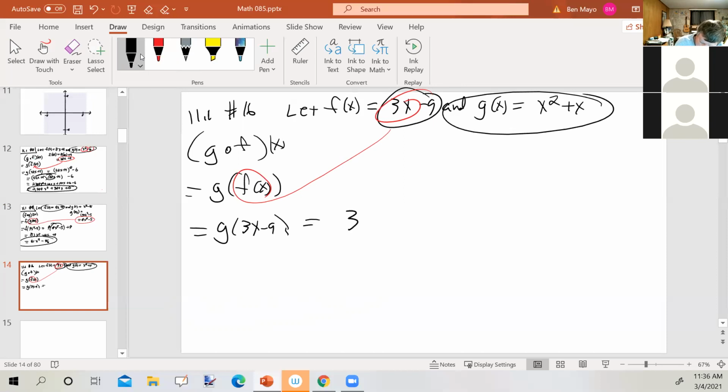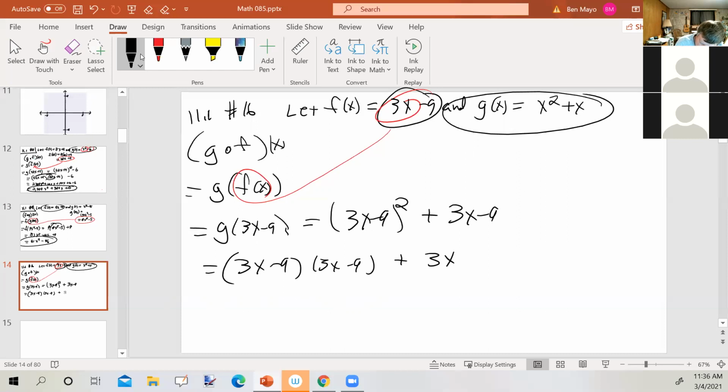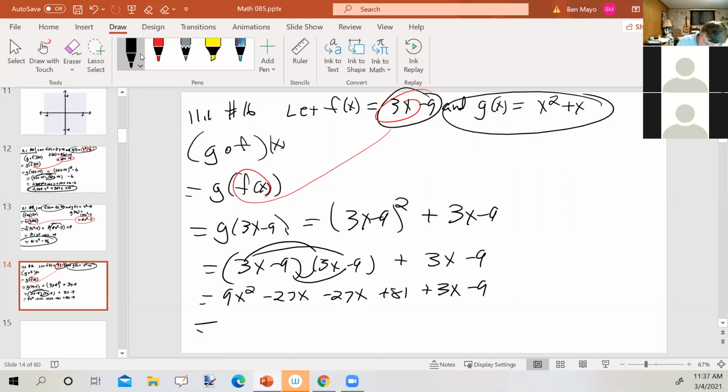So that's equal to 3x minus 9, the quantity squared, plus 3x minus 9. So we've got 3x minus 9 times 3x minus 9 plus 3x minus 9, which is 9x squared minus 27x minus 27x plus 81 plus 3x minus 9, which is 9x squared.